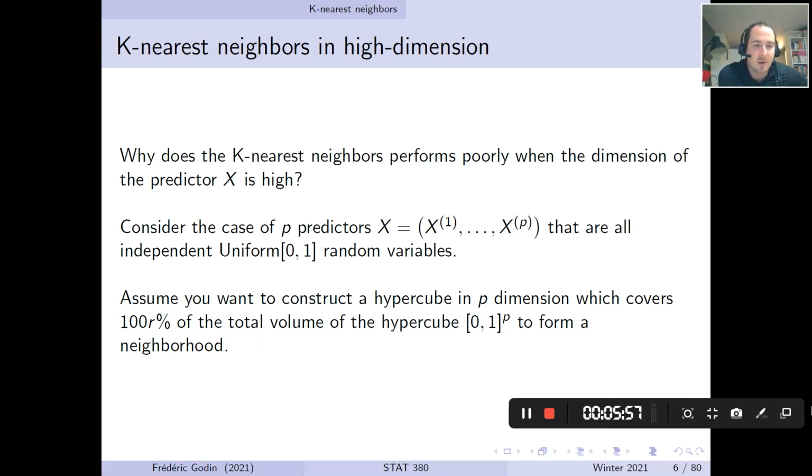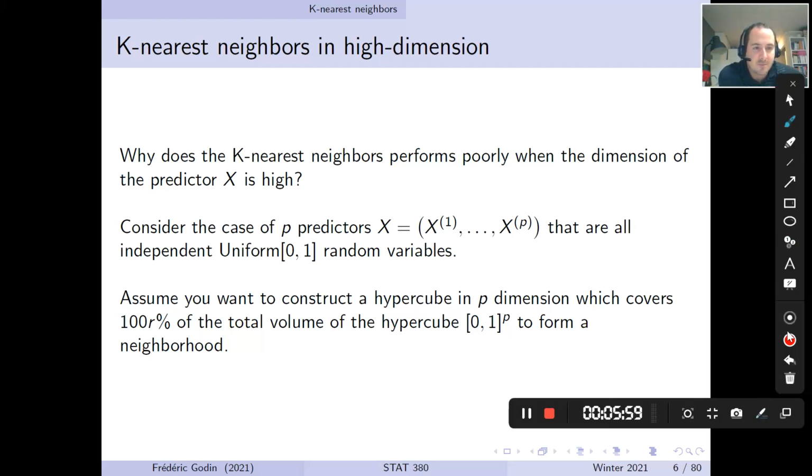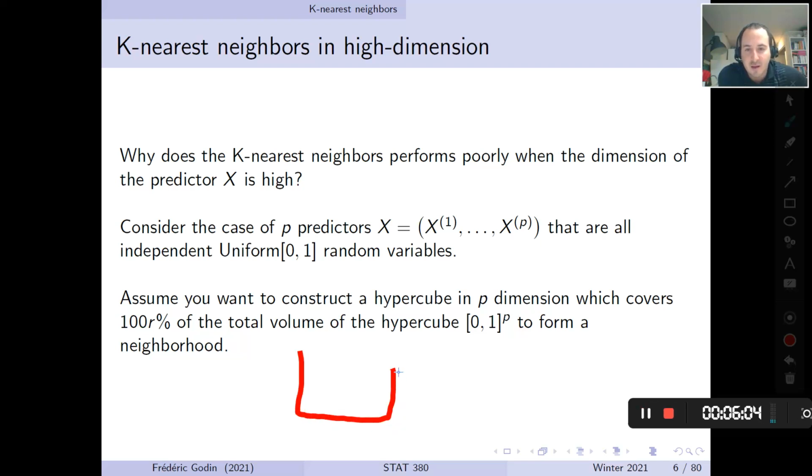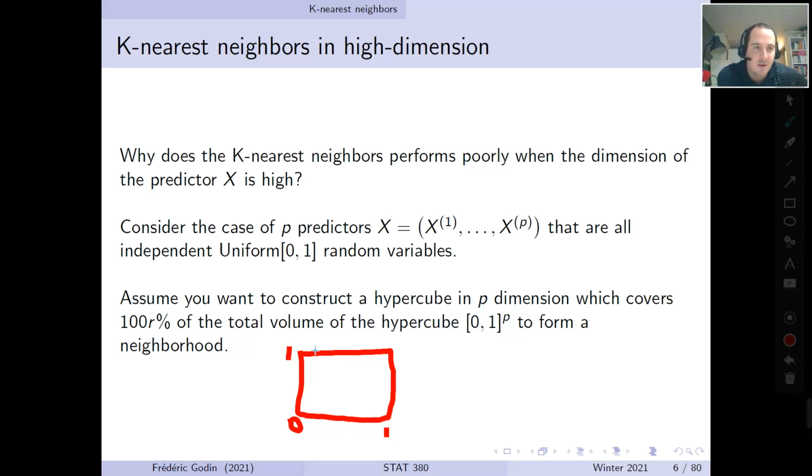Let's give the example in 2 dimensions for illustrative purposes. Say p is equal to 2, then the volume of the predictor space is the [0,1] square here. Here could be values for the first predictor, and here values for the second predictor.